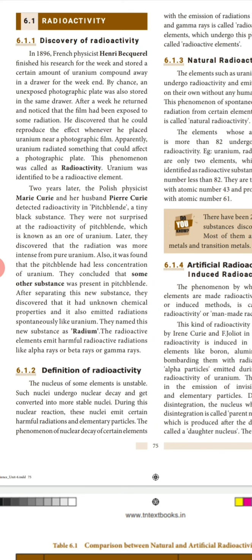After a week he returned and noticed that the film had been exposed to some radiations. When he looked after a week, a film-like layer had formed on the photographic plate because of the uranium. He discovered that he could reproduce the effect whenever he placed uranium near a photographic plate. Whenever uranium and a photographic plate were placed together, some kind of radiation was produced, he found.